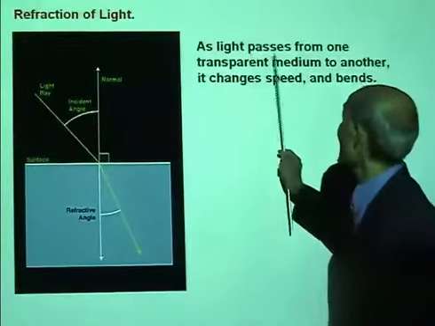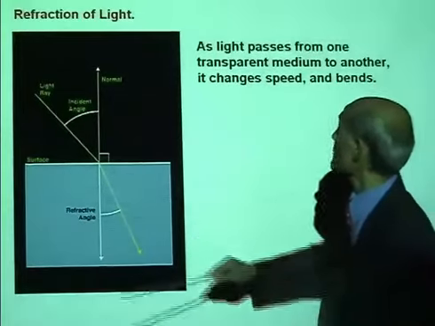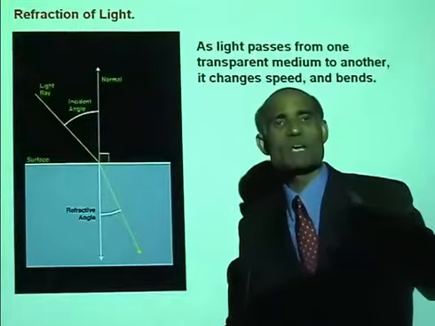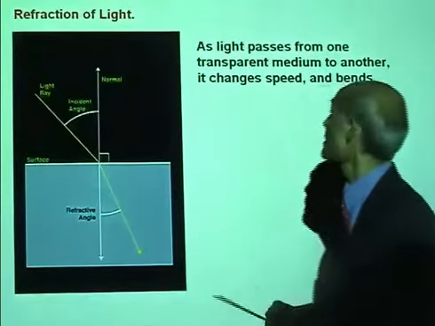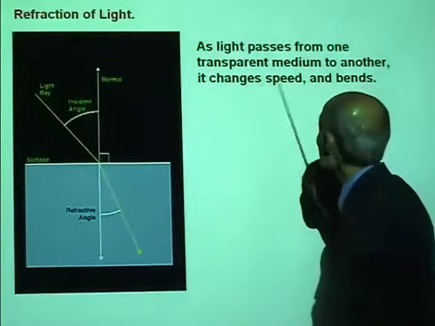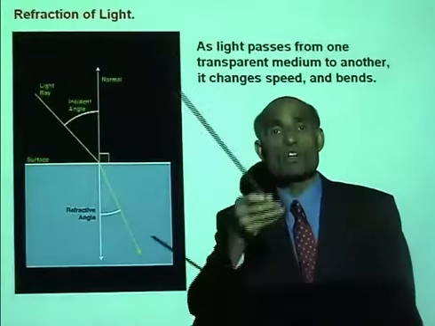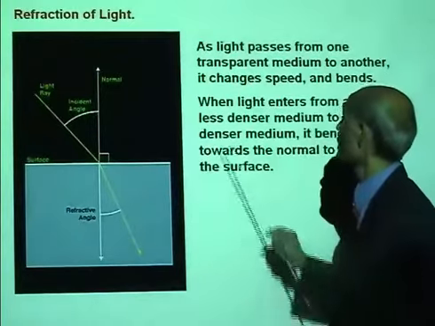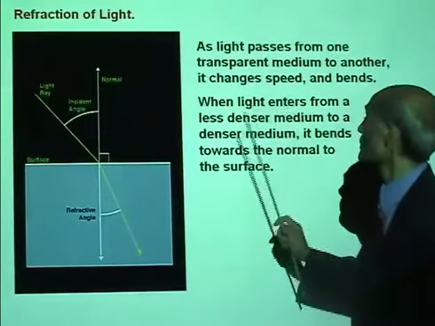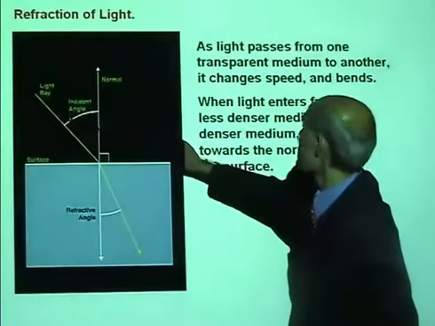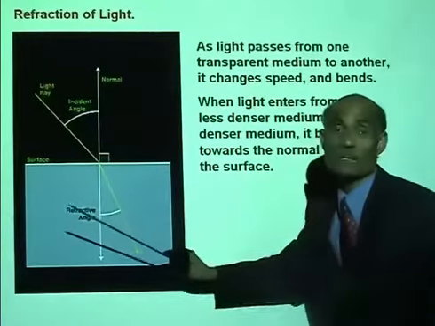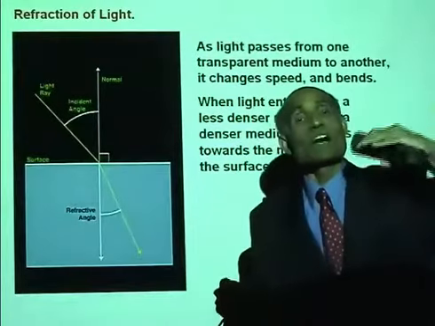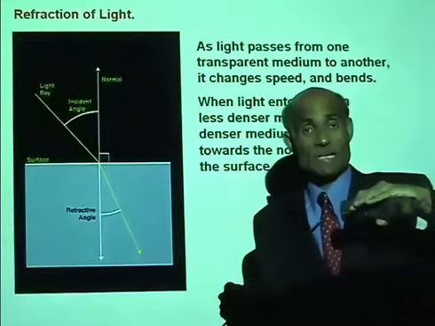So as light passes from one transparent medium into another, air is a transparent medium, glass is a transparent medium, it changes its speed and therefore changes its direction of motion. We say it bends. When light enters from a less dense medium to a denser medium, now air is less dense than glass. Is that right? Yes.